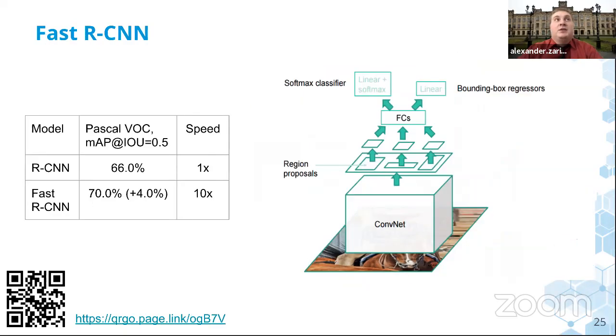And later in 2015, a faster version of RCNN was introduced to the public. It's called Fast RCNN.